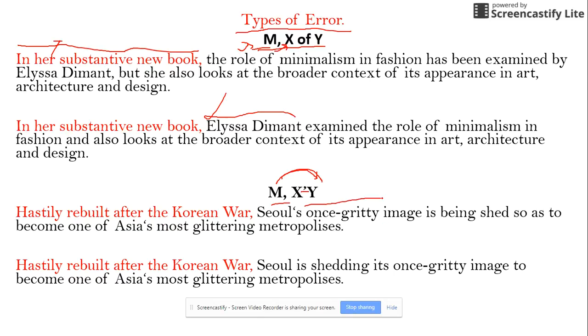So now this is a modifier and it is modifying image. That's incorrect. Why? Because the image was not rebuilt after the Korean War, but Seoul itself was rebuilt. So here, hastily rebuilt after the Korean War, Seoul is shedding its once gritty image. The second one is the correct one. So this is the type of error that GMAT tests.